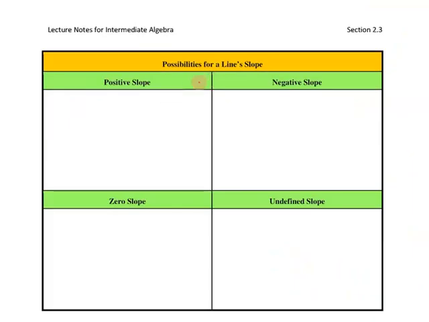Now there are 4 different possibilities that we would have for a line's slope. We can get a positive value, which means that the rise and the run were in the same direction. That means for any 2 points, if the run is in the positive direction and the rise is also in the positive direction, or if I went from the second point to the first point, the rise was negative going down and the run was left.